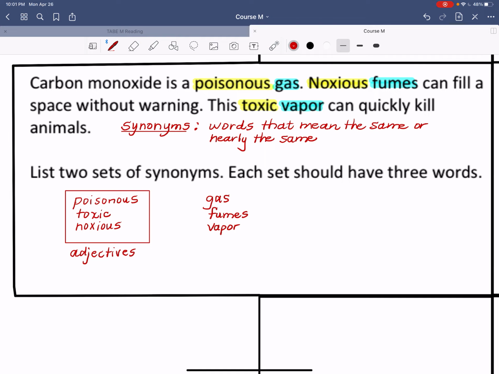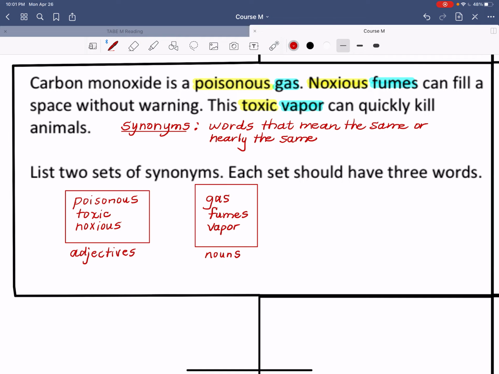So noxious and toxic, those are adjectives. These words are nouns. And if you have no idea what I mean by adjectives and nouns, there's a language course coming. So if you're interested in that, that one will be available after the reading course.